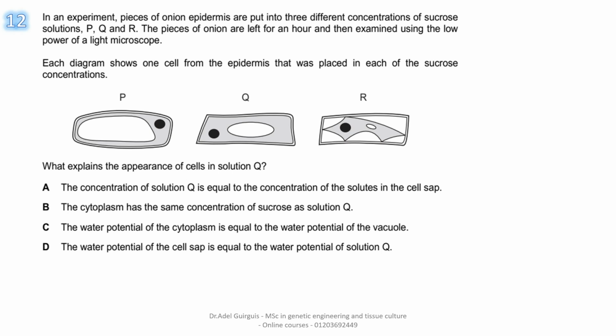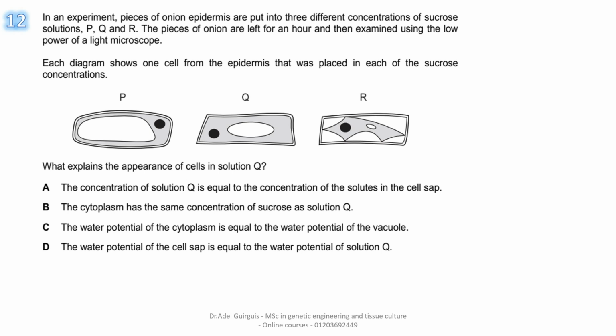So letter A is wrong. Letter B, the cytoplasm has the same concentration of sucrose as solution Q. Cytoplasm is part of the cell, but the main factor that affects osmosis in plant cell is a vacuole. So the term B is incorrect.